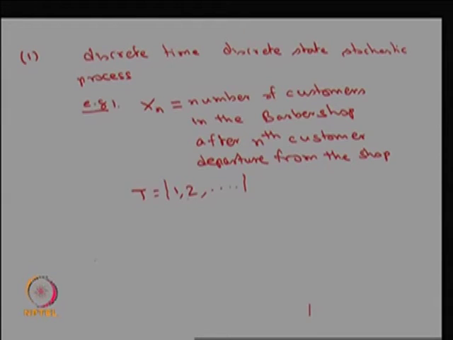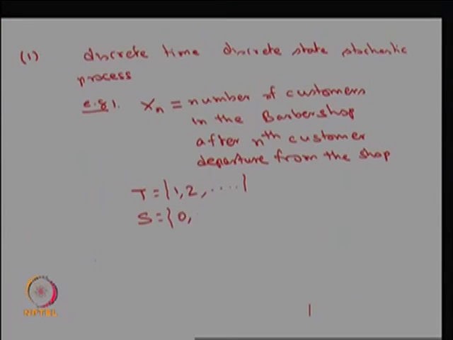Whereas the possible values of X n: there is a possibility of no customers in the system when someone leaves, so there is a possibility 0. When someone leaves, only one customer in the system, then it is going to be 1 or 2 and so on. Therefore, it could be finite also.